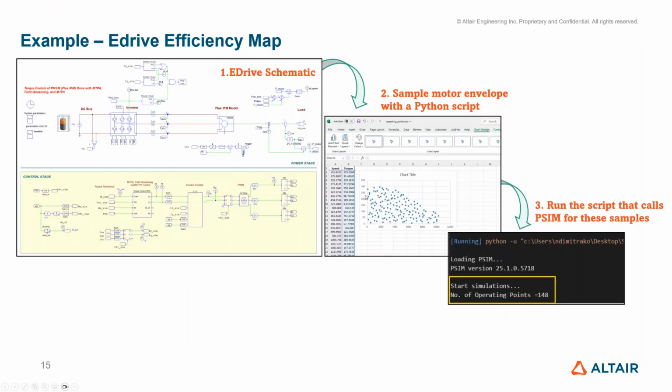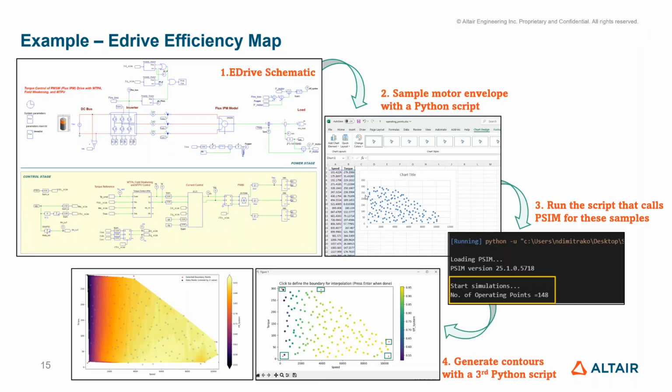Then I have a second Python script that opens this Excel file and calls a PSIM simulation to run these points to steady state. And then it gathers all the steady state results in another Excel. And then I have a third Python script that reads this second Excel, which has speed, torque, and the third column, which is efficiency, and lets you graphically create the contour.